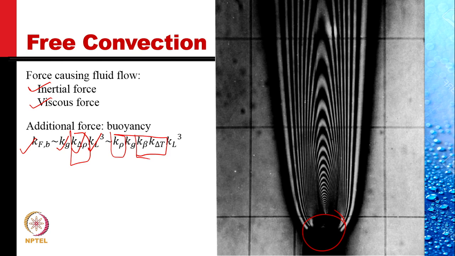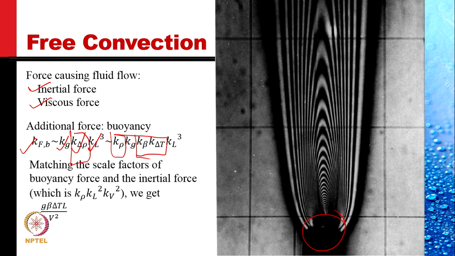Beta is how does the density change with temperature. Matching the scale factors of buoyancy force with inertial force, which is K rho, KL square, KV square, we get this invariant. This is matching the scale factors of buoyancy force and the inertial force, g beta delta T L by V square.